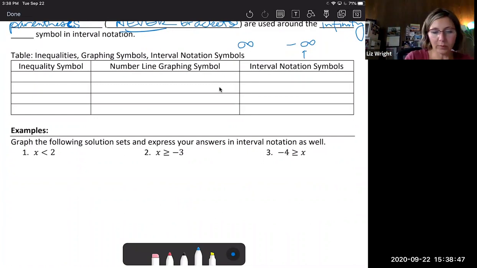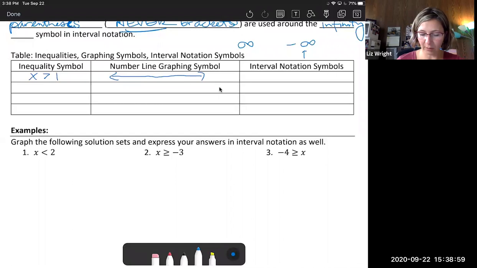For example, here's our inequality solution. If I had x is greater than 1, and I'm putting that on a number line and graphing it, we're going to do a line here. That's my graph. Then I'll mark 1, and then 0 and 2. I'm going to have you do an integer value on each side of your critical value.